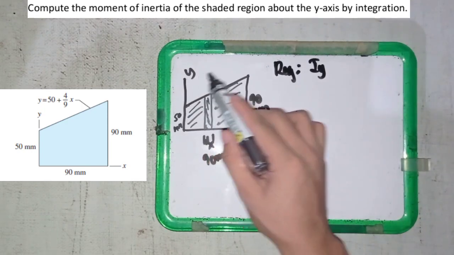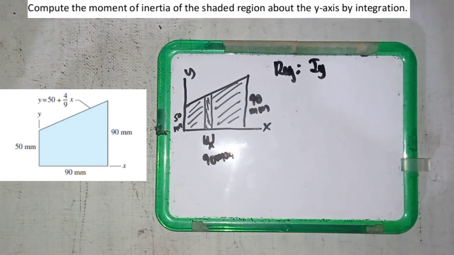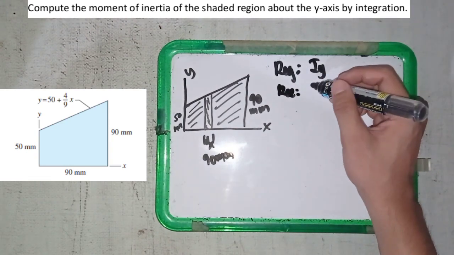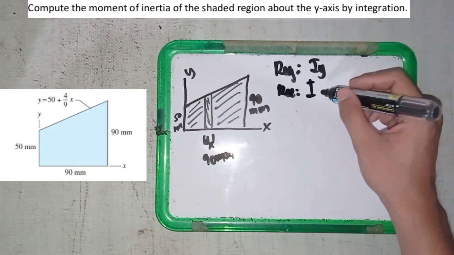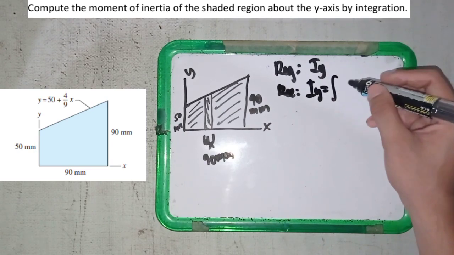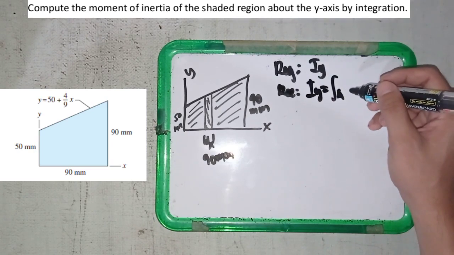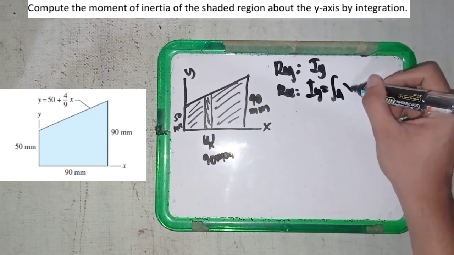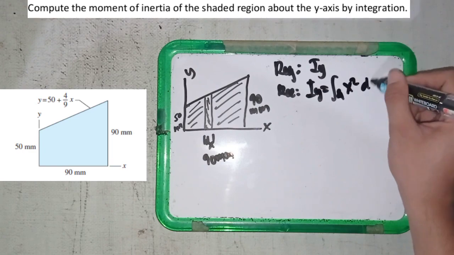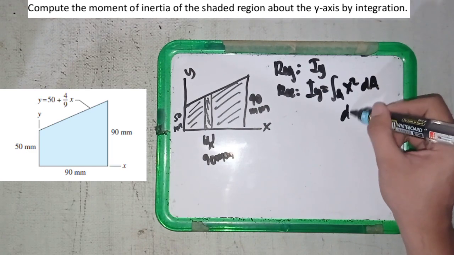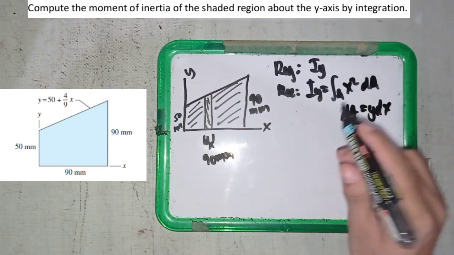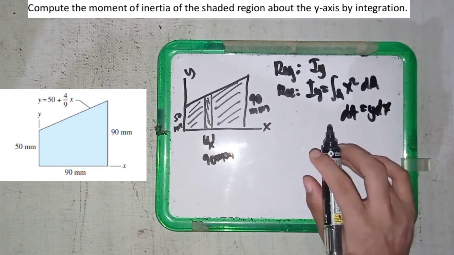As you can see, the figure looks like a rectangle, so we can use the rectangle moment of inertia about the y-axis. So I sub y is equal to the integral of x squared dA, and we can use dA equal to y dx for the following process.